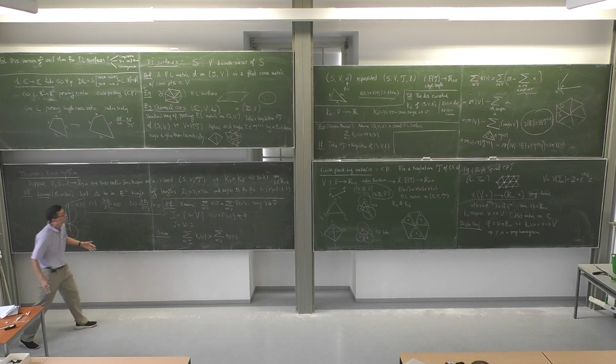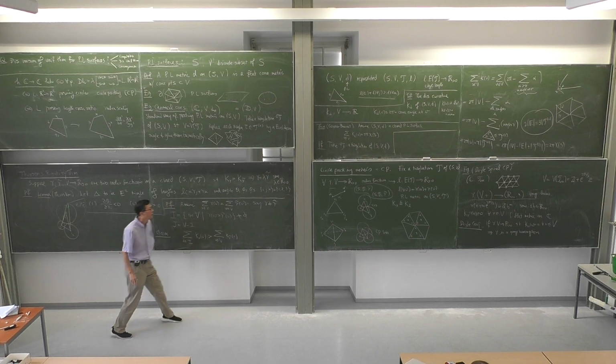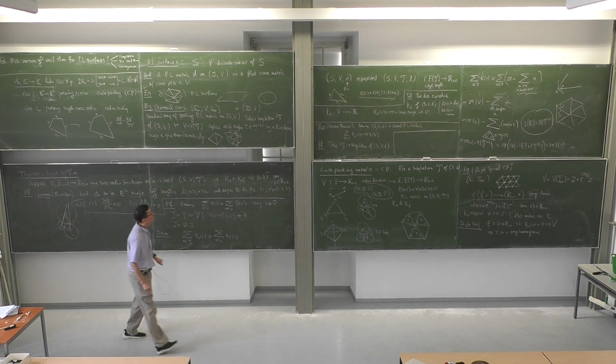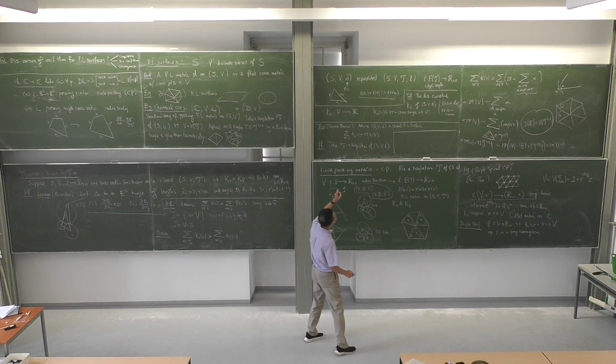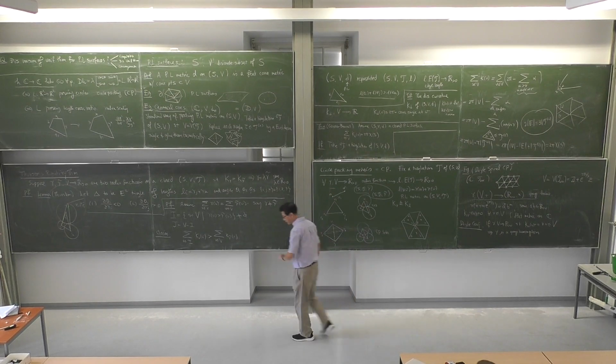And with that, we have a contradiction because we assume the curvatures to be the same. Okay, so how does he prove it? It's more or less this Gauss-Bonnet proof. So I'd like to show you.